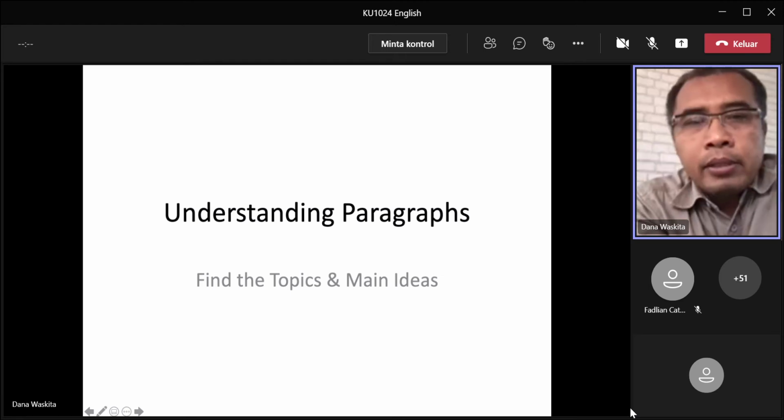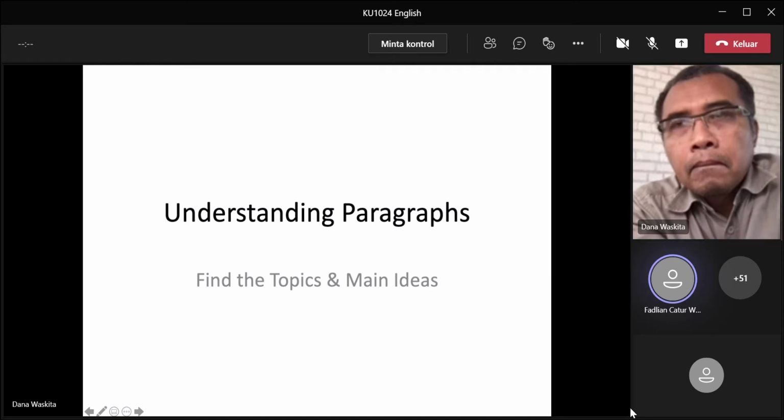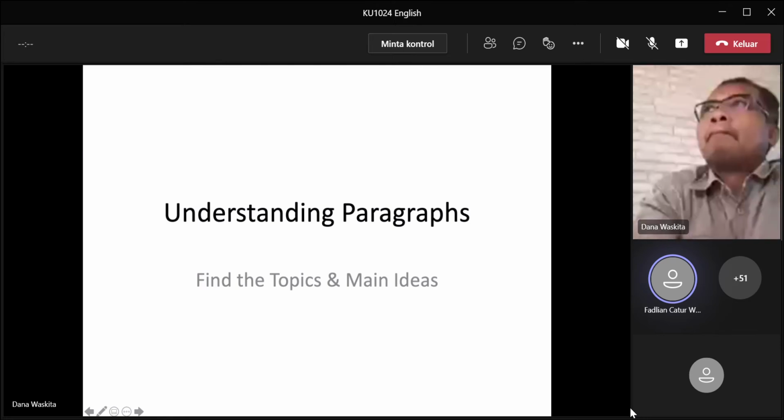And what is the difference between topic and main idea? The topic is what the paragraph is talking about generally, overall. The main idea is apa yang utama gitu. What do you mean by the main?